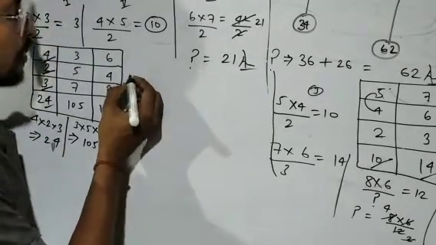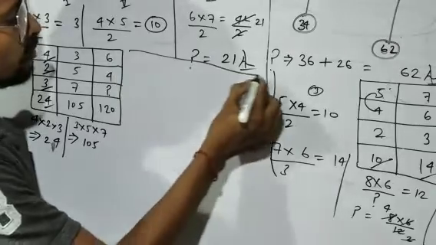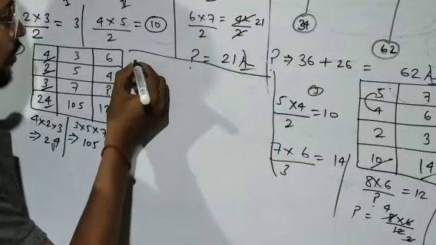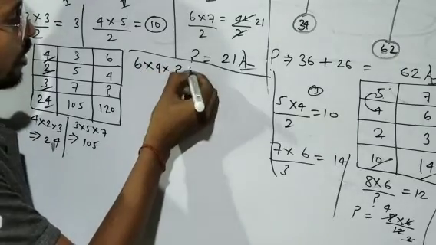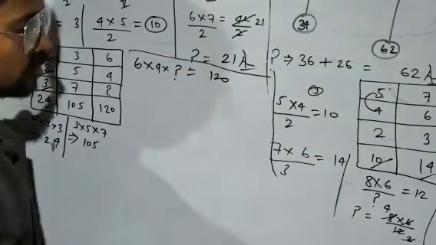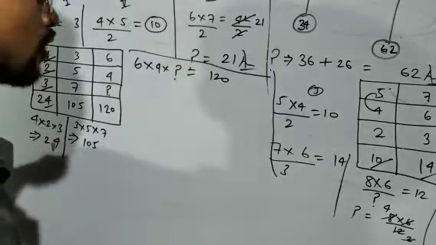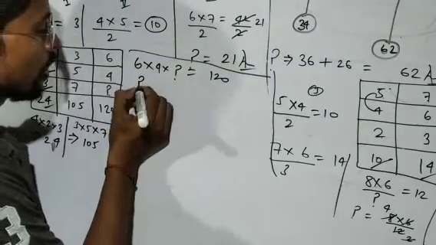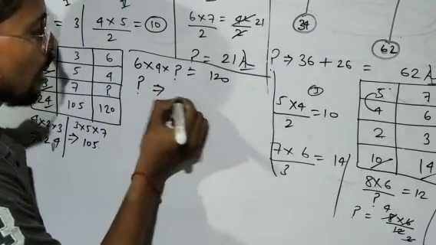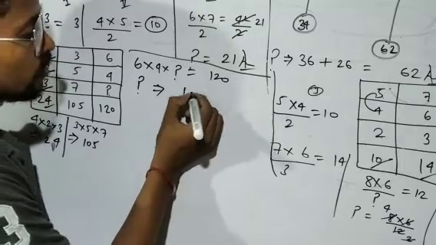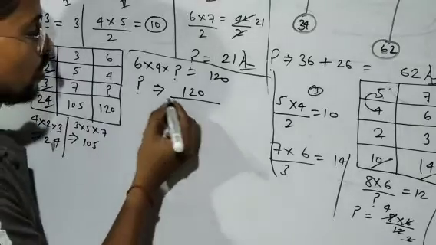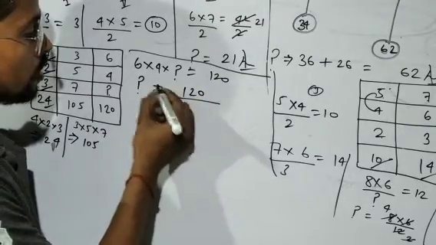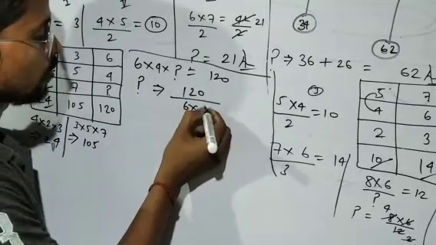So for the third column, according to the place of what, we can write 6 multiplied by 4 multiplied by what equals 120. So I can write, according to the place of what, applying the BODMAS rule, 120 divided by 6 multiplied by 4.